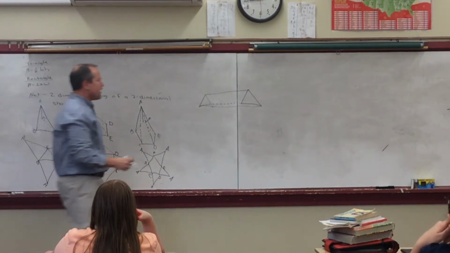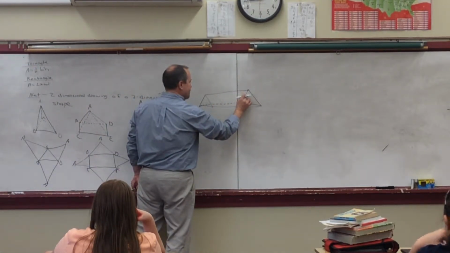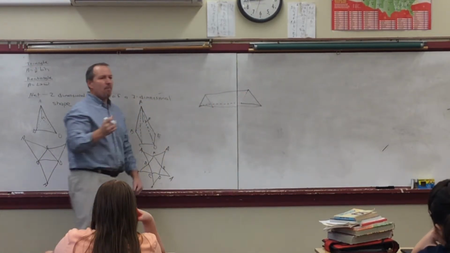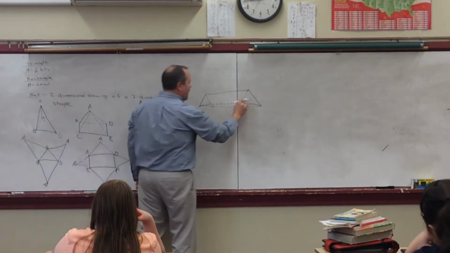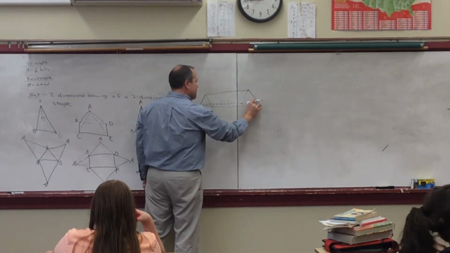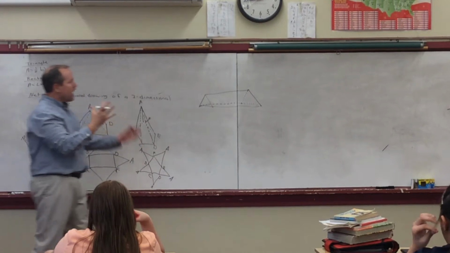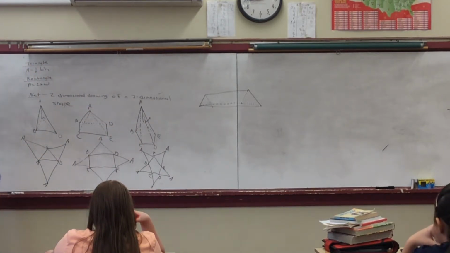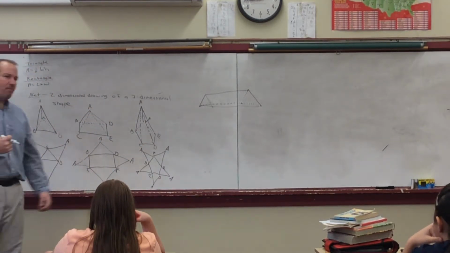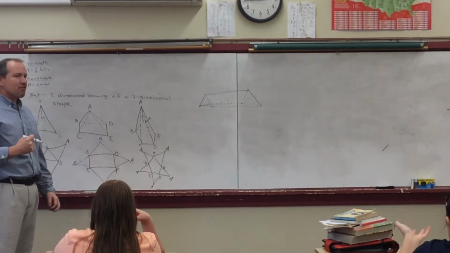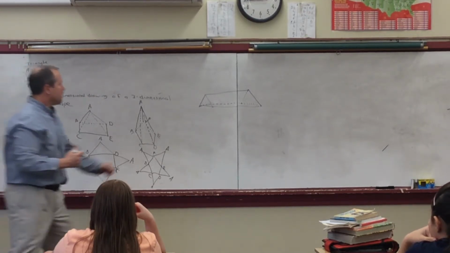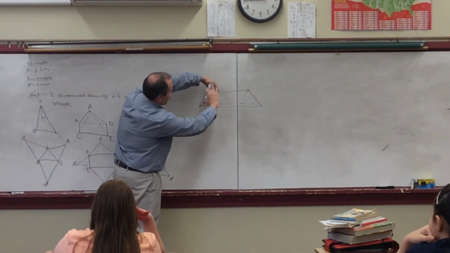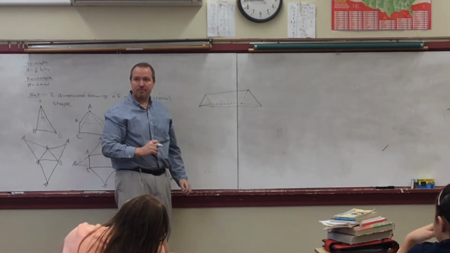Now if you want to get fancy, the lines that you would not be able to see, we can make them dotted lines. That's what you're going to see in the book. And so there we have a triangular prism. How do you know it's a prism? You see more rectangles than any other shape. The back side, the front side, and the base.